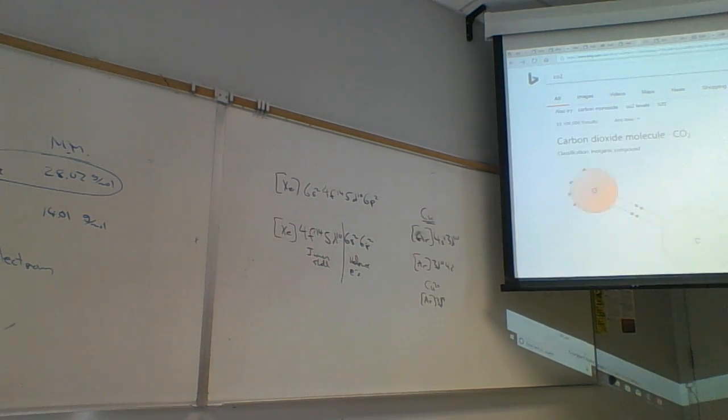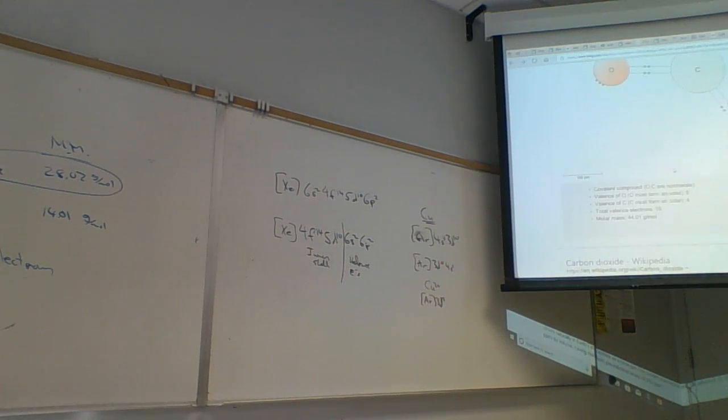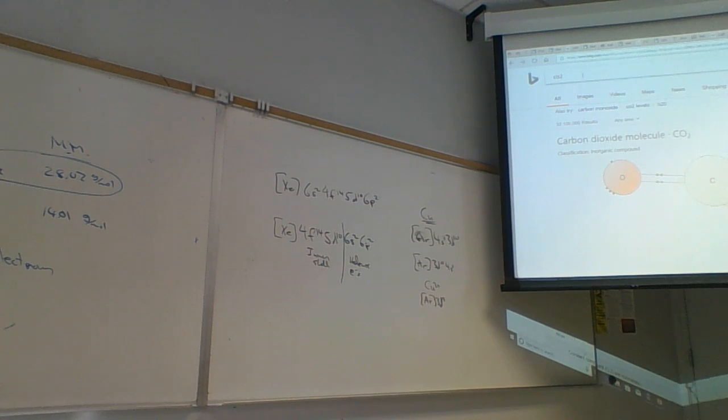I don't know what these are trying to show because it's non-polar. If the angle were like this, it would be polar. All right, I don't know what this thing is showing.